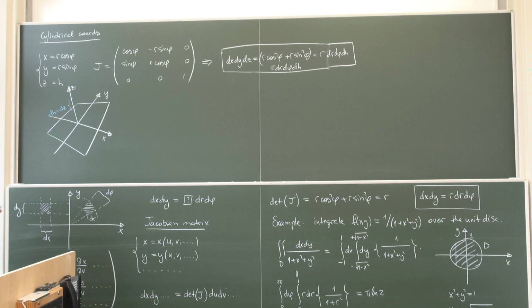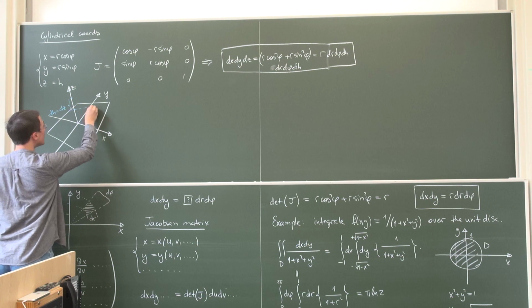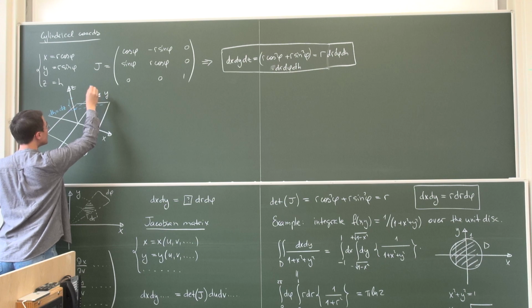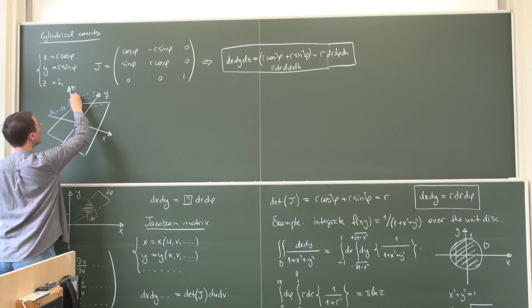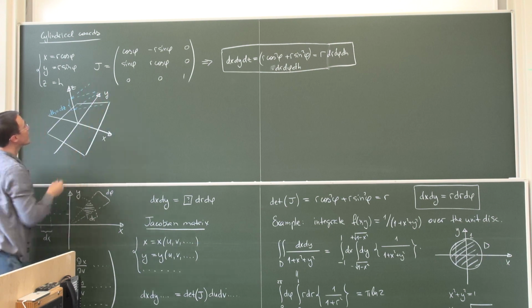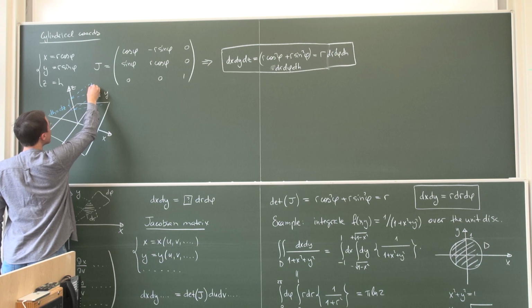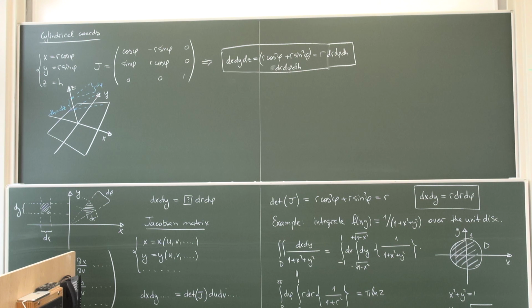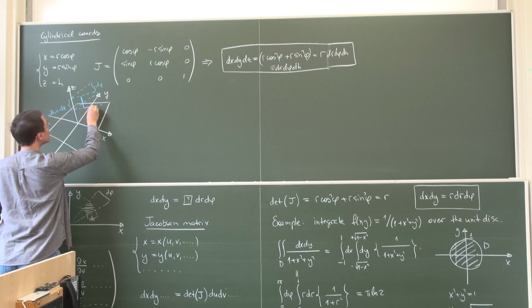Then if we do a d phi, then it's from here to here, and from there to there. So this opening is d phi. And finally dr will be from about here to about here.